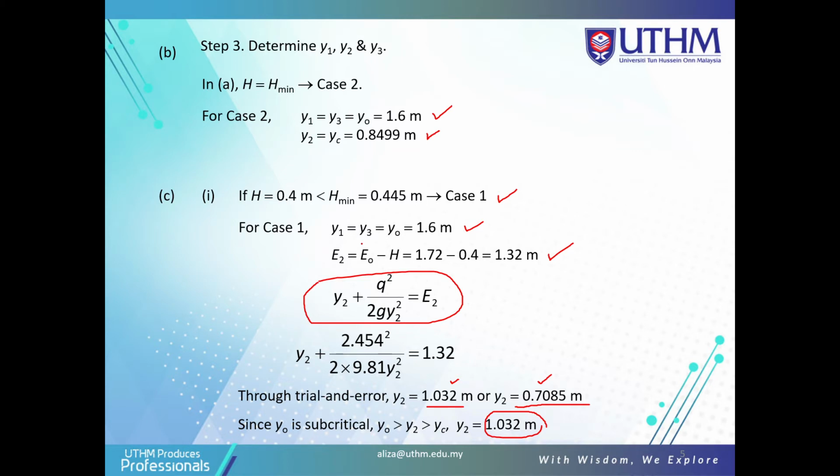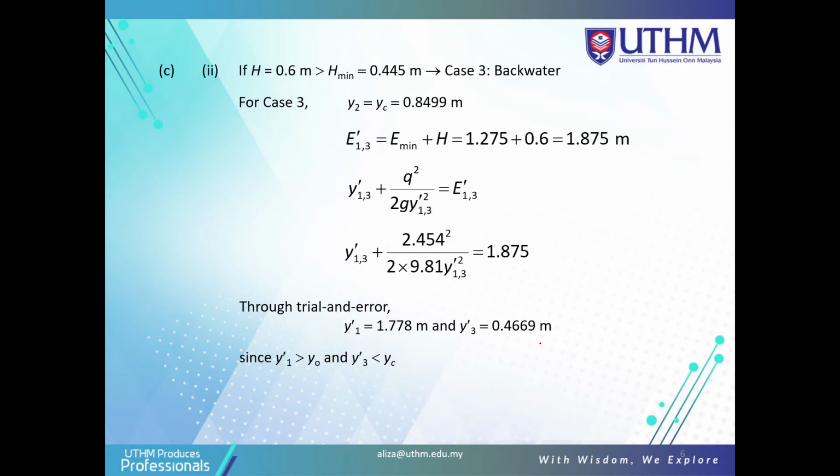Based on y0 being 1.6 here, y0 is more than y2 and less than yc, so we get the value of y2. This is the concept of the calculation, step by step.